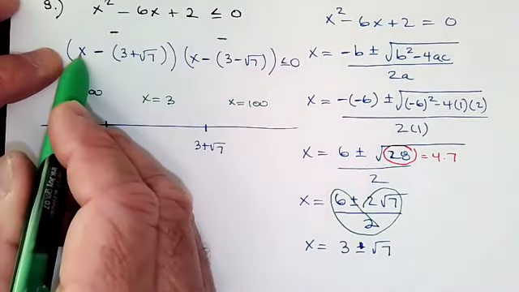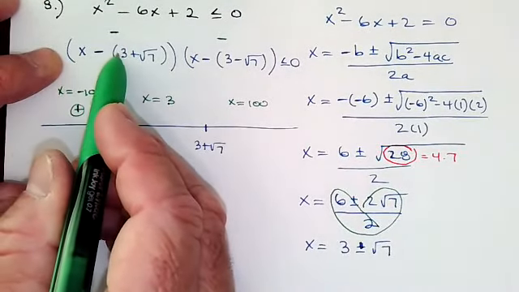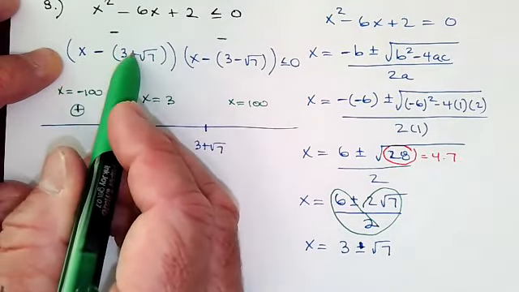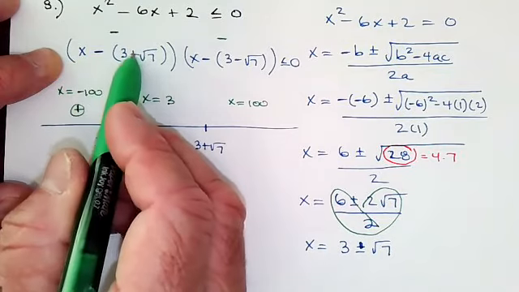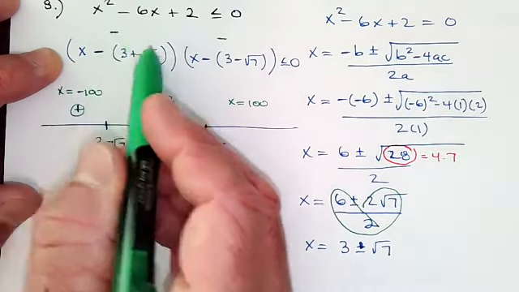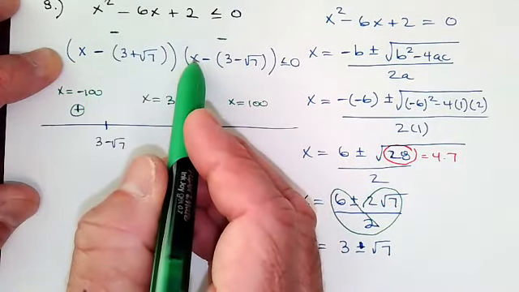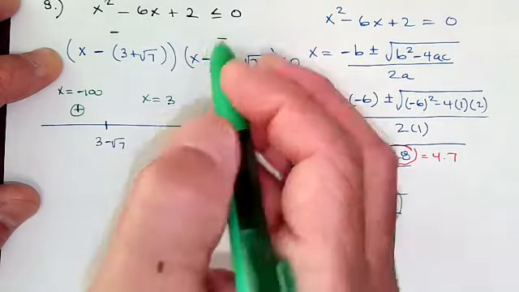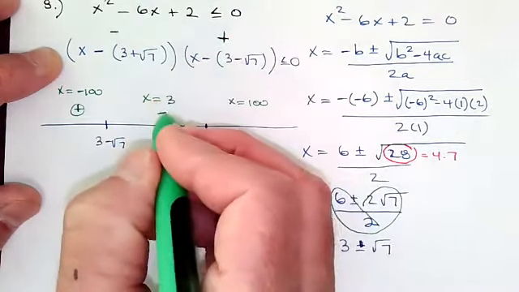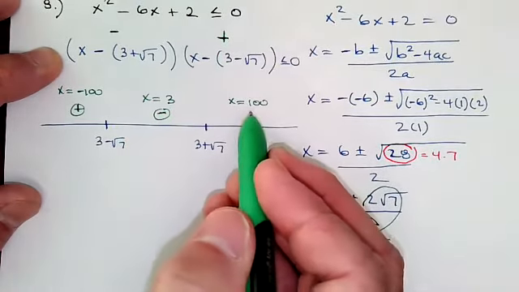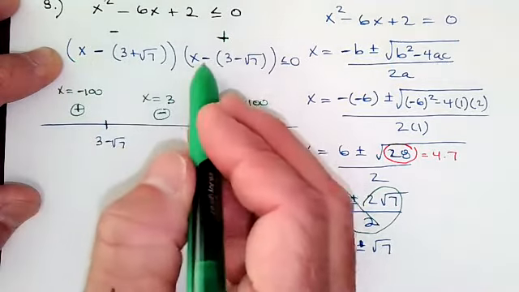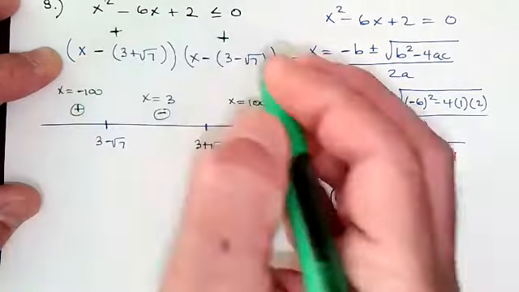Okay, if I plug in 3 minus 3 plus root 7, if you distribute that negative, the 3's are going to cancel. You're going to end up with a negative root 7, so that'll be negative. If I put 3 in here, 3 minus 3, that'll cancel. And if I distribute that negative there, that would be positive. So this will be a negative number. And if you do 100, 100 minus that, 100 minus that, both of those will be positive.